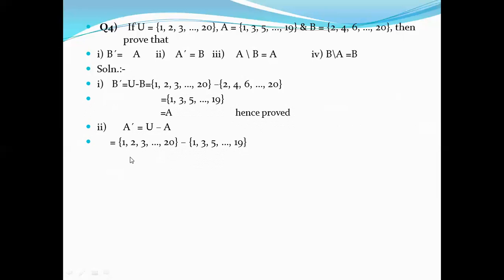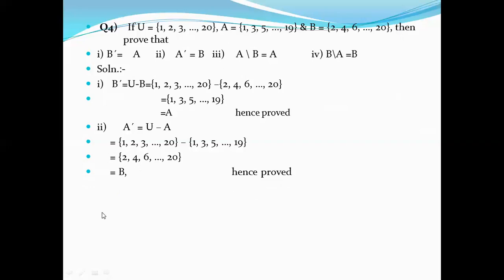So automatically even numbers will be left in this set if the odd numbers from 1 to 19 are subtracted. So 2, 4, 6, up to 20. And these even numbers, if you compare with set B, both sets are the same. So this set is equal to B. Hence proved that A complement is equal to B.